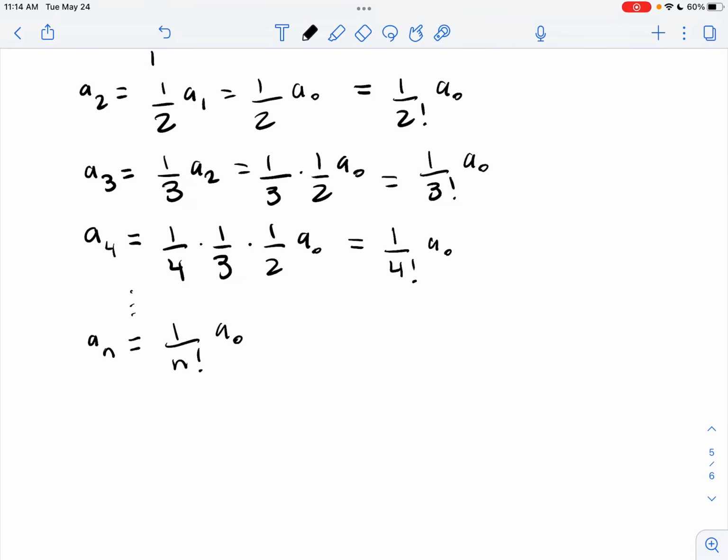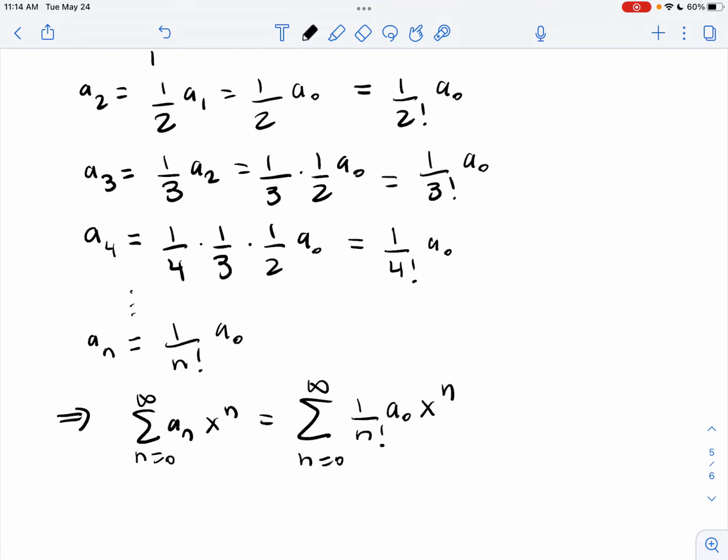Okay. So this means that our power series is really equal to this, which, by the way, is the same as, we could pull the a0 out, it's just a constant.